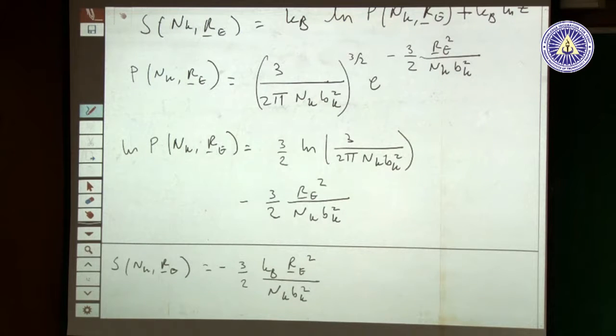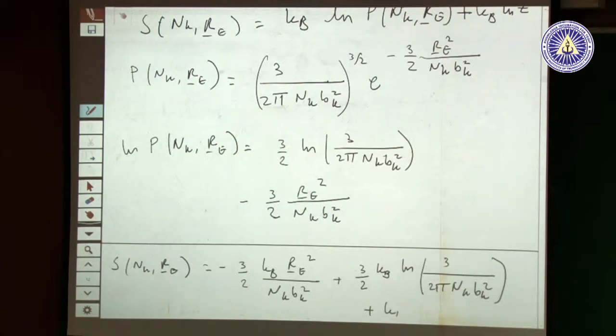Okay, that comes from here, and then I need this term. So, that is plus 3 over 2 Kb log of 3 over 2 pi nk bk squared, and finally, I had that Kb log Z from up there.